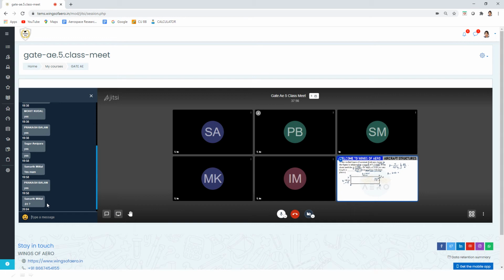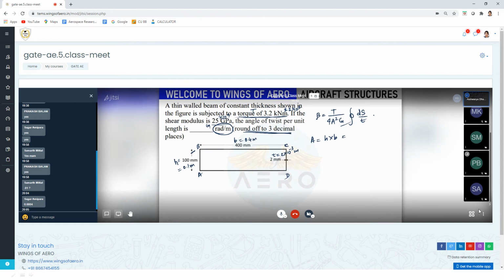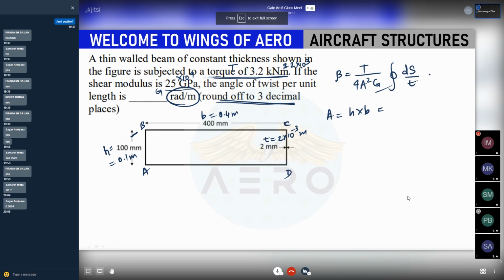Okay. You are getting 0.01. See, whenever you are answering, in the question they have asked round off to 3 decimal places. Even here they have asked round off to 3 decimal places.